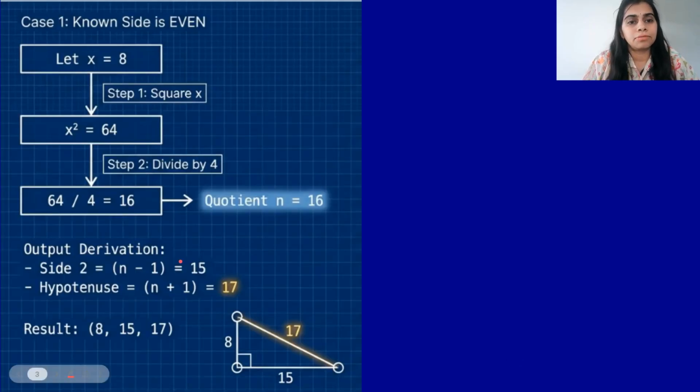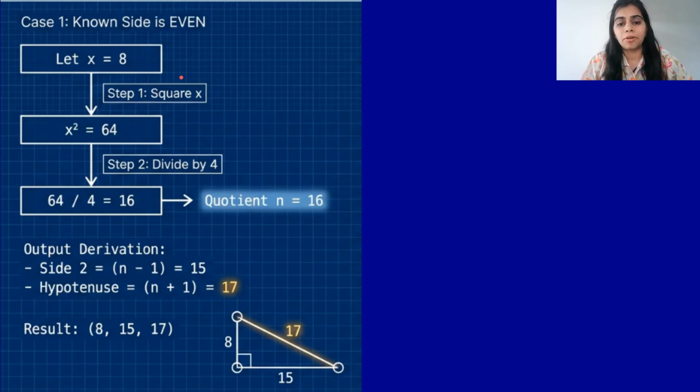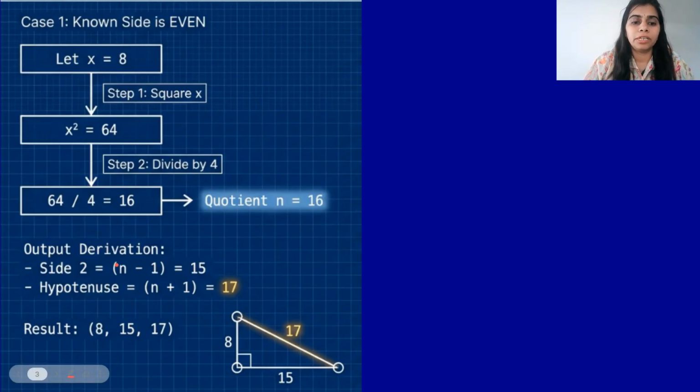In case 1, if the known side is even, say the given number is 8, which is one side of the right angle triangle, the first step is to square that number. 8 squared is 64. Then divide this by 4, and you get 16, which is considered as n. Side 2 is calculated by n minus 1, that is 15.